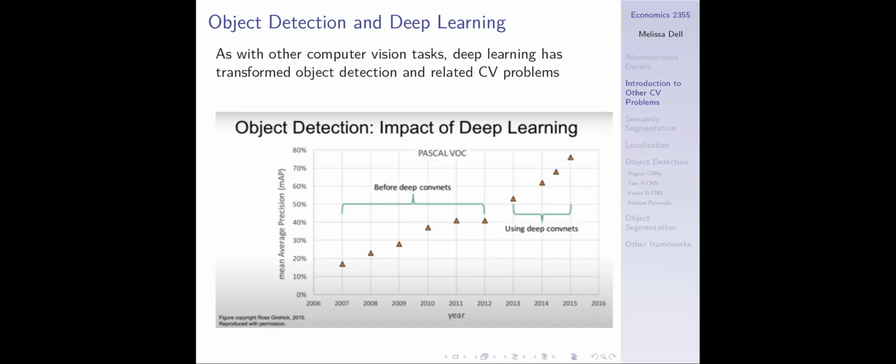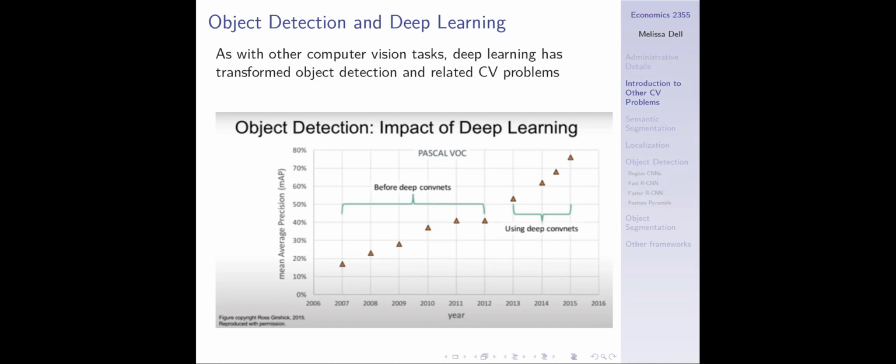Nowadays, people don't really use this anymore because we solved this data set. Now people use a data set called Microsoft COCO, but that's much more recent. And so you see, going back before deep learning, we're going to talk about what mean average precision is in a bit, people are getting a mean average precision of like 15%, or really at best like 40%.